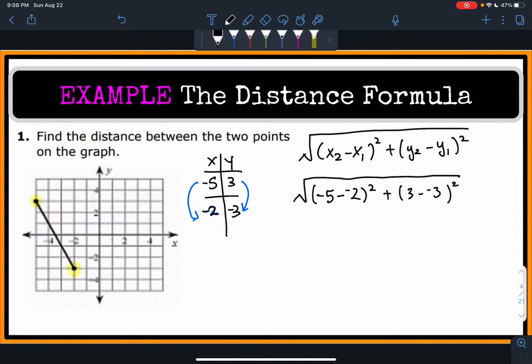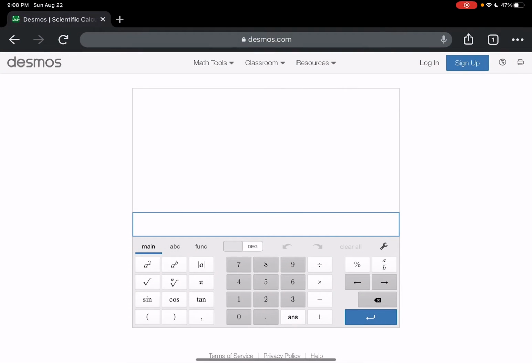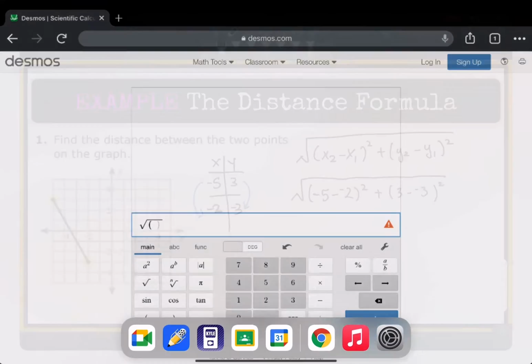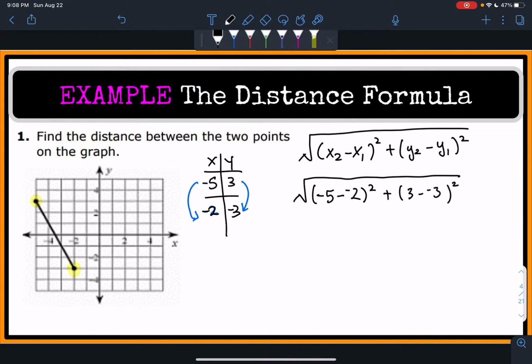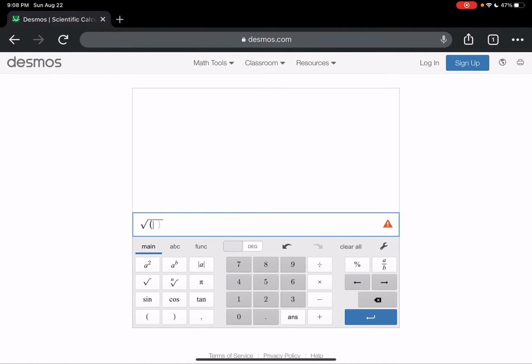From this point on, we can do this step by step, but I'm going to take a little shortcut here, and I'm going to go to my decimals calculator, and I'm going to solve this all in one single step. So I'm going to start by typing in first the square root, and then in parentheses, we have -5 minus -2 to the second power. So that's what we're going to write in our parentheses.